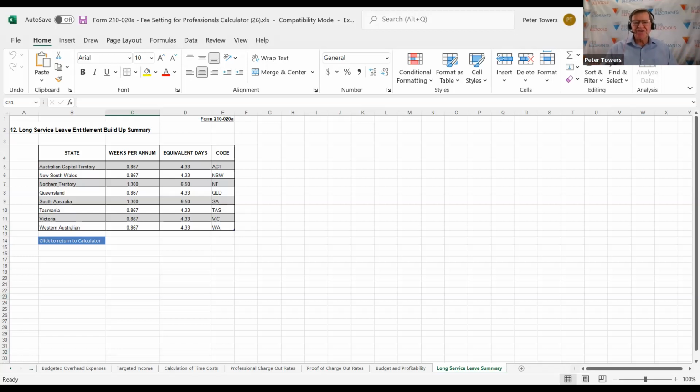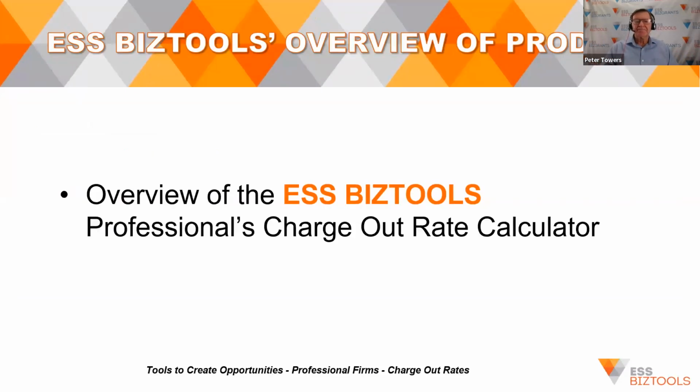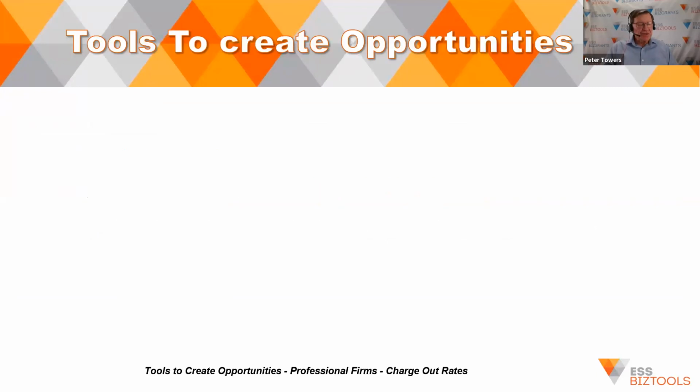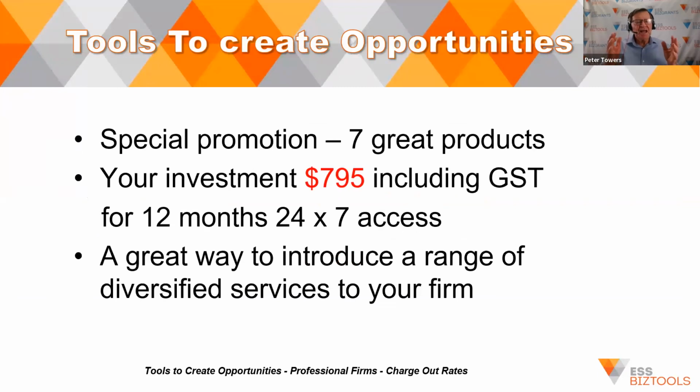I haven't got any questions, so I'm now going to proceed with our discussion on the other matters within this segment. And that is the tools to create opportunities. This is our big promotion in trying to convince you to look at getting started on the delivery of business advisory services.